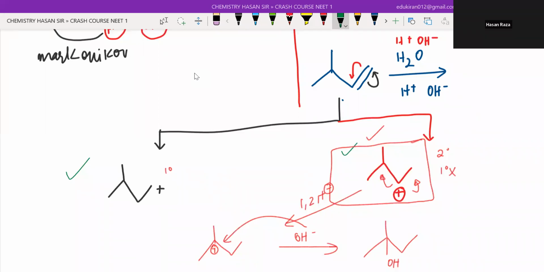Have you got it? So this rearrangement will only take place when it goes to more stable compounds. Okay. You just need to remember the reagent and what it actually does. It's very simple.